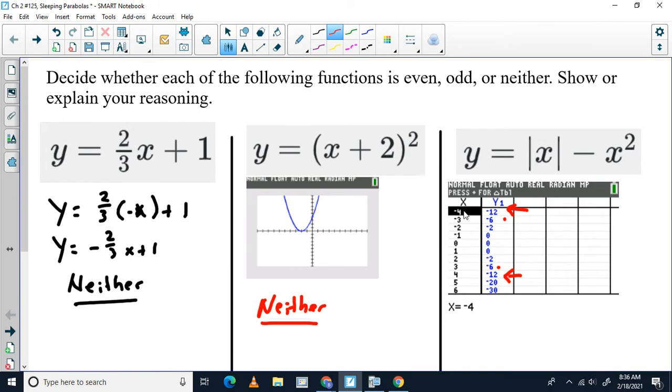I can double check another one. Negative 2 gave me negative 2. Positive 2 gave me negative 2. So in other words, the opposite x value gave me the same output. Well, anytime that happens, I would say that this is an even function.